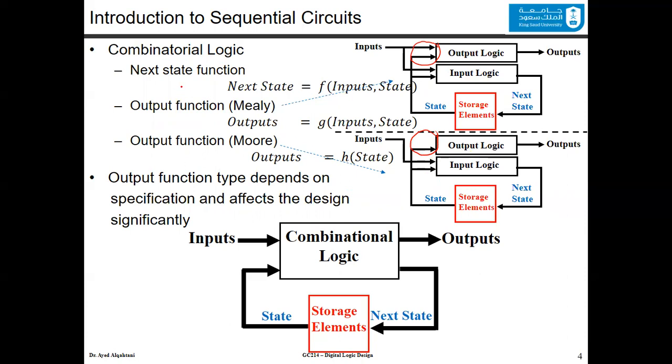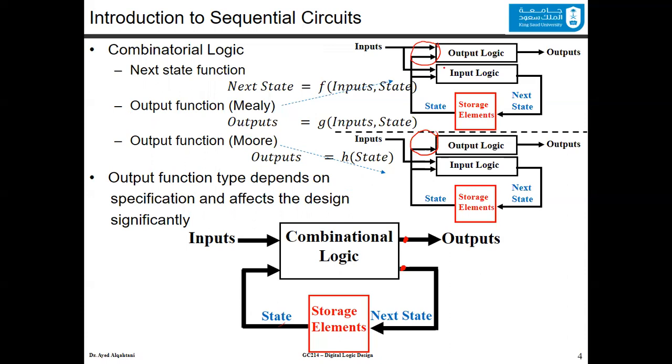If we want to calculate the next state function, the next state is a function of the inputs and the state. If you want to calculate the output, you'll see that the inputs are going in and the state is also going in.